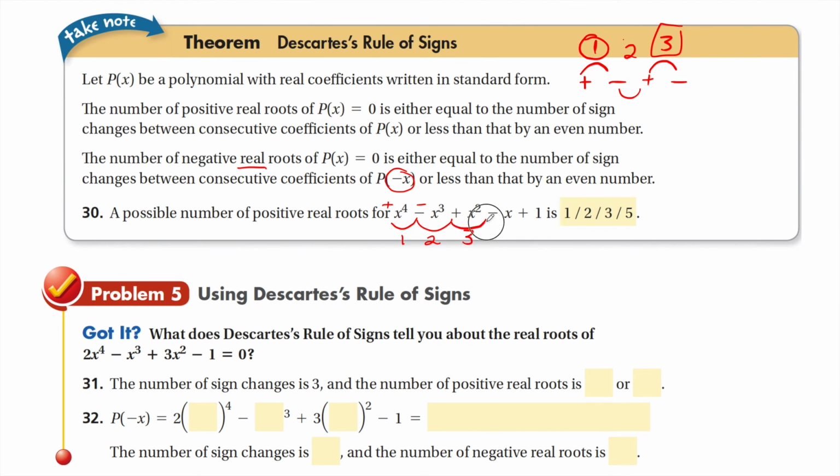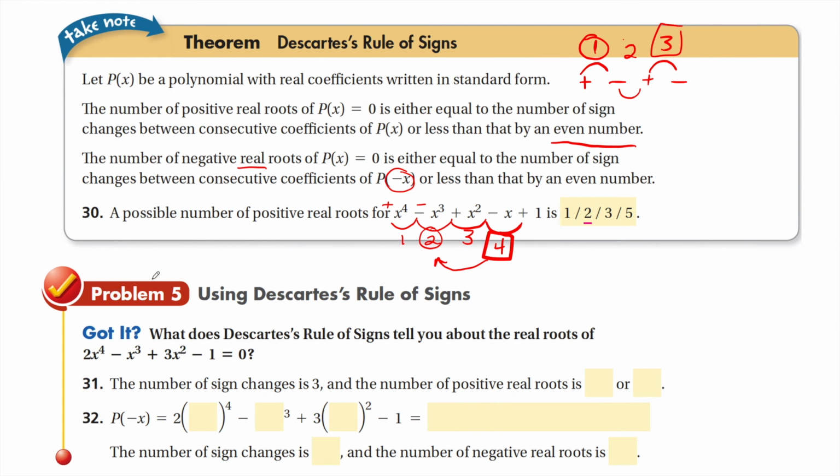And last but not least, we have a negative to a positive, which is 4. So the possible positive real roots is going to be either 4, or since we can go down by an even number under 4, we're going down 2 from 4, which gives us a possible 2. So in this case, 2 is the correct answer.